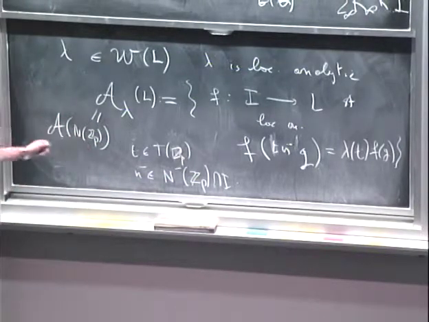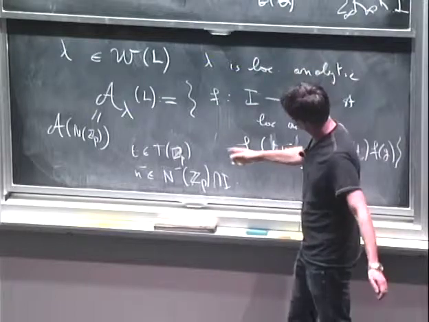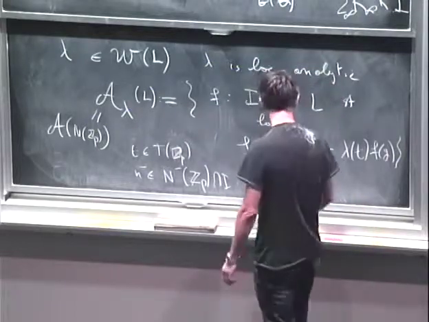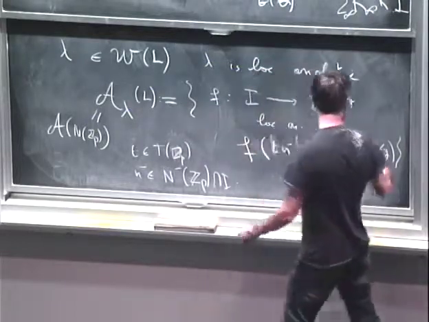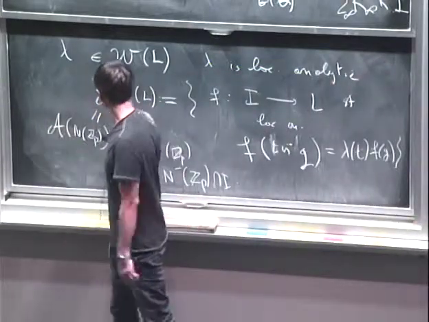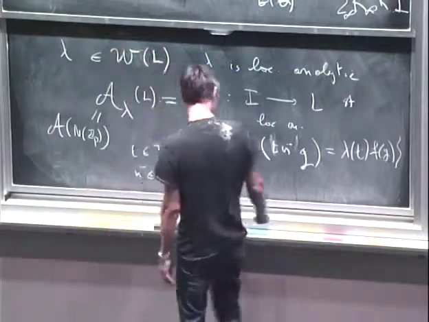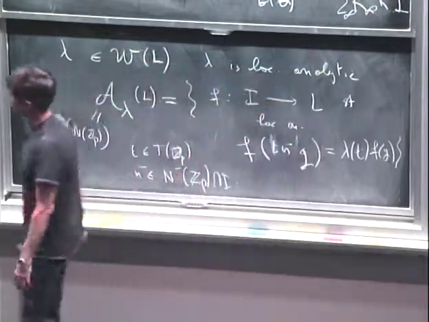And this space itself does not depend on lambda. But here we have an action of I on this space just by right translation on the argument. So we have an action of I on this space which depends on lambda. But only the action depends on lambda.